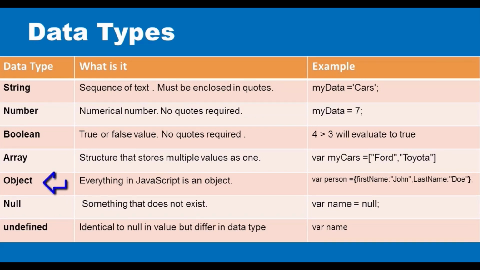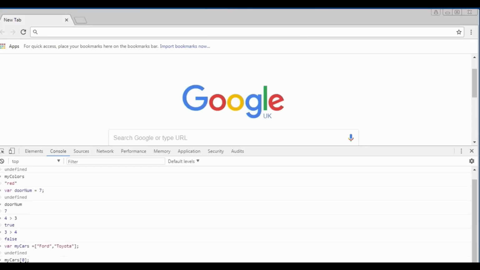The next data type I want to quickly mention is called the object. Everything in JavaScript is basically an object. So all the examples I've shown so far are basically objects. You can also represent JavaScript objects with curly braces, as I've done here. I've declared a variable called person and set the value to first name John, last name Doe.